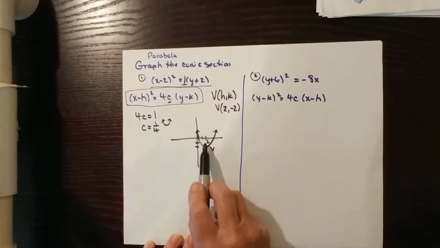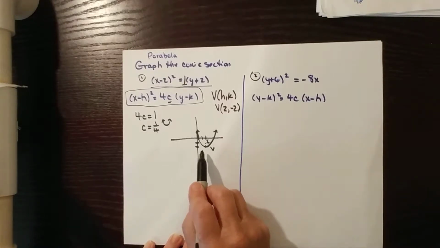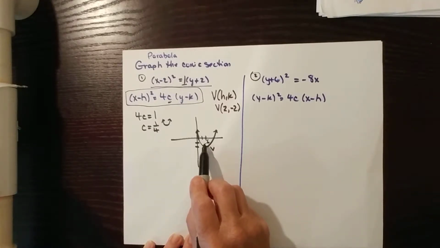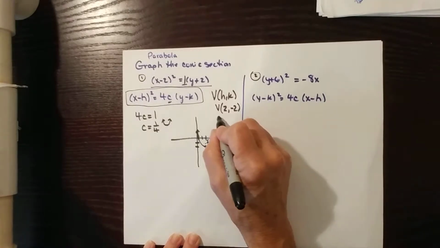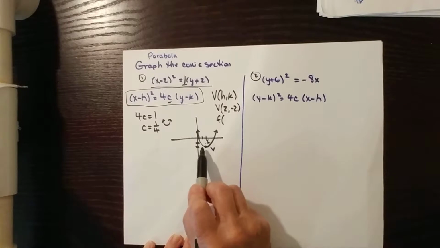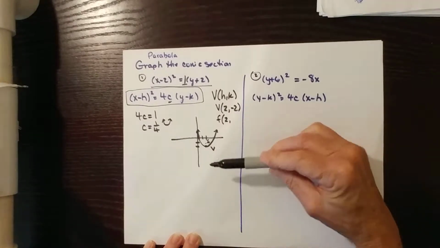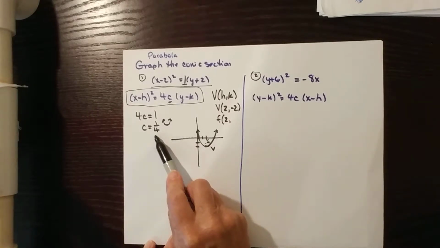Since the focus is in line with the vertex, it will have the same x value, but it will be moved vertically up 1/4 unit. So the focus will be at x is 2, moved up 1/4 of a unit from the vertex.